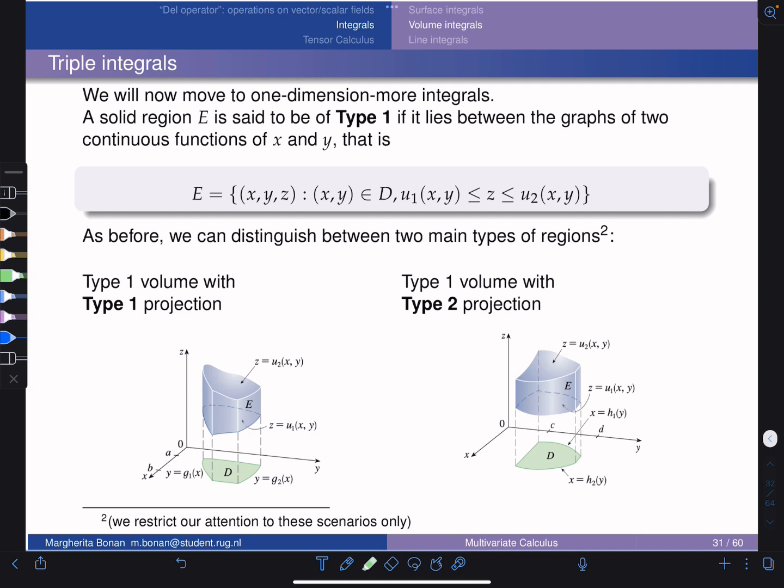If you still have not watched that one, a type 1 region D means that it's bounded only by functions that depend on x, while a type 2 region means that it is bounded by functions that only depend on y.